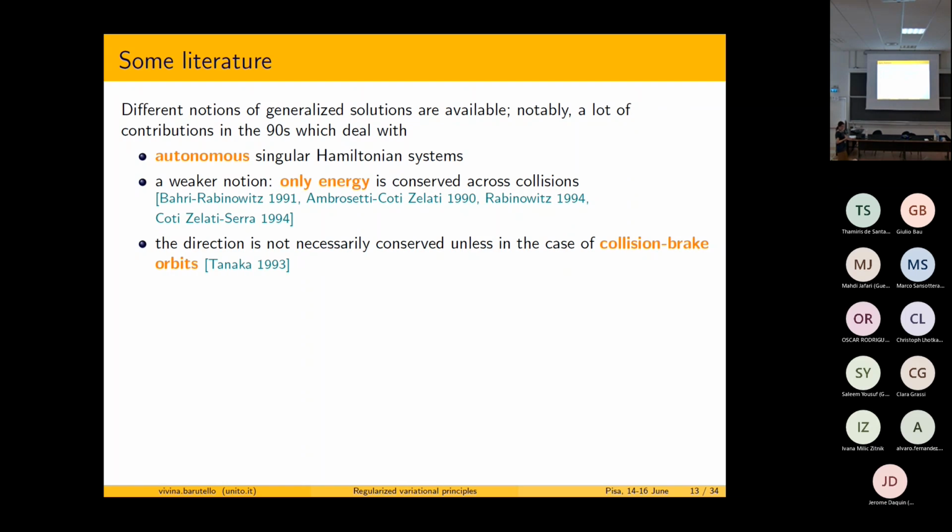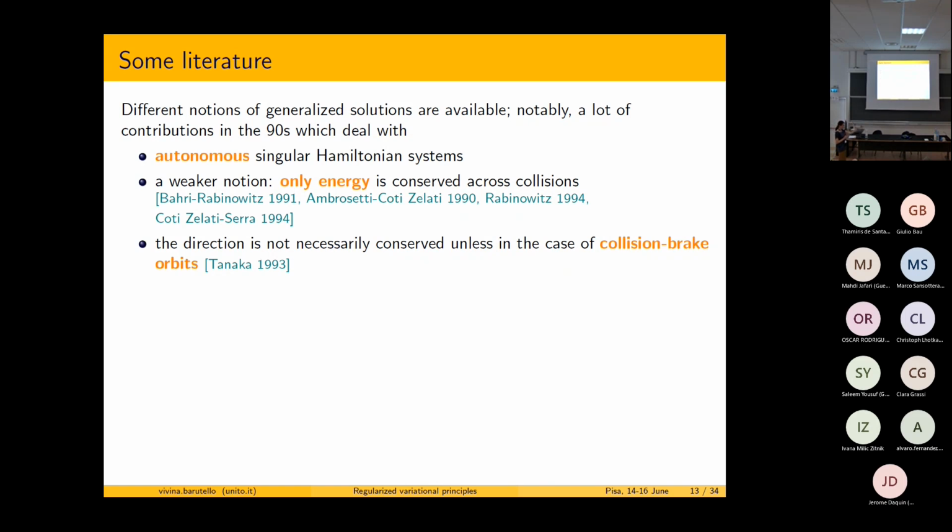Okay, in the literature, the notion of generalized solution was already present, in the works of Vivina, Barutello, and also in many others. Here I just mention this one, but they're not the only works. Generalized solutions are solutions of autonomous singular Hamiltonian systems that preserve just the energy.